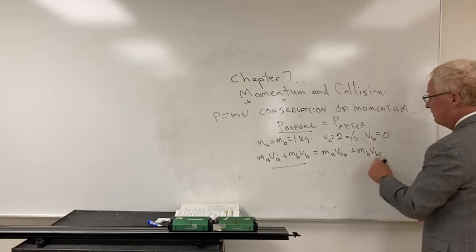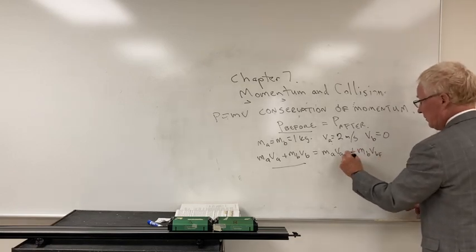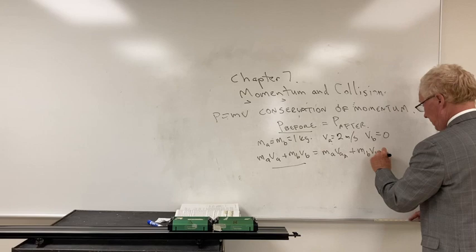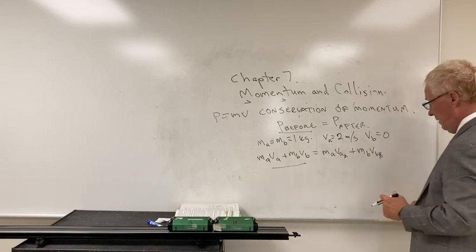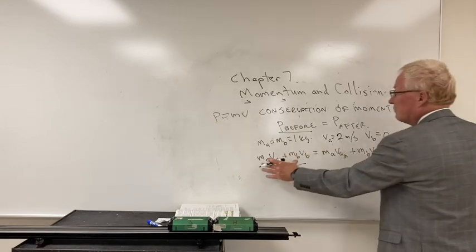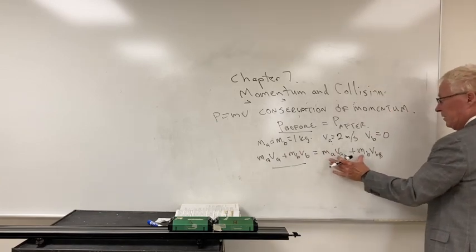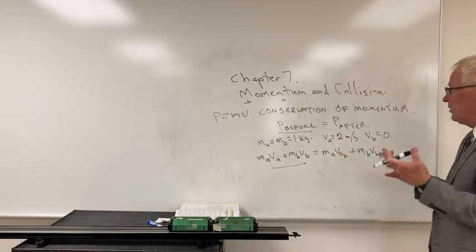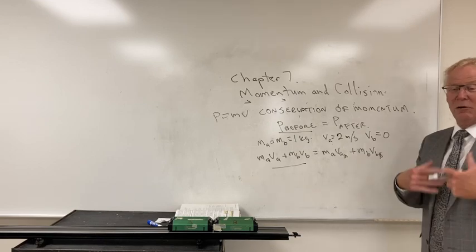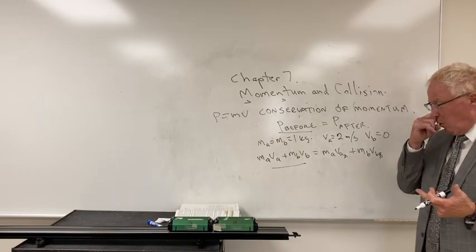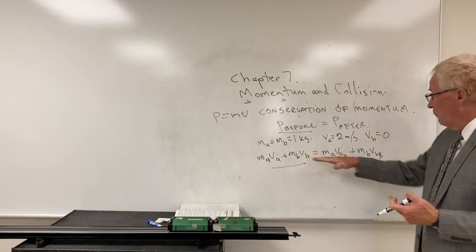So the momentum before equals the momentum after the collision. So it's going to be the same, and this is going to be true whether it's elastic or inelastic collision. The momentum is always going to remain constant.